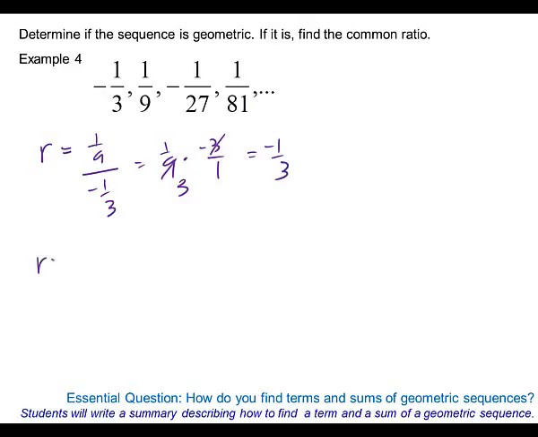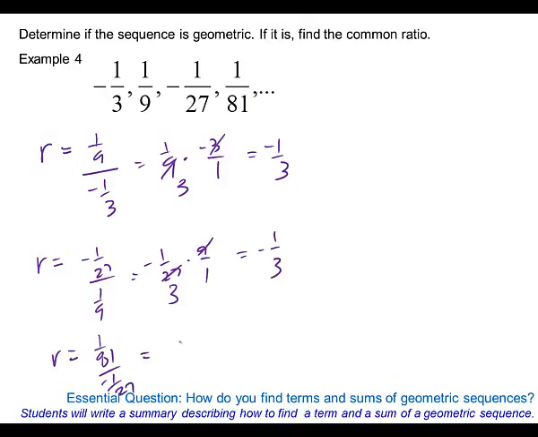Okay. All right. Now we're going to try negative 1/27 divided by 1/9. Now we are in an advanced math class. Could I automatically write it as the flipped reciprocal? You probably could. Okay. 9 into 27, how many times? 3. So I see negative 1/3 again, but we want to test 3 of them to just make sure that we're on the right track. Divided by negative 1/27.